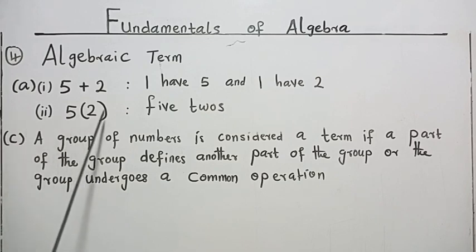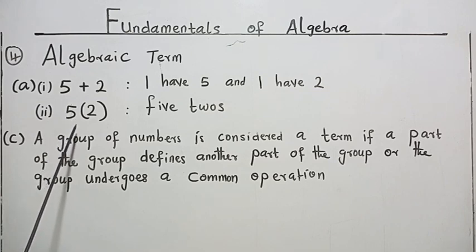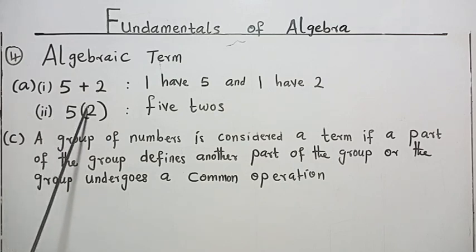So 2 is the number, but 5 tells us how many times we bring that 2. Therefore, 5 defines the 2. That means that one part of the group defines the other part of the group. This 5, which is a part of this group, defines this 2, which is also a part of the same group. Consequently, 5 2's will not be considered as two numbers. Instead, the two put together will be considered as 1.